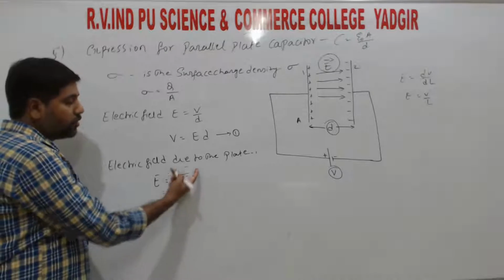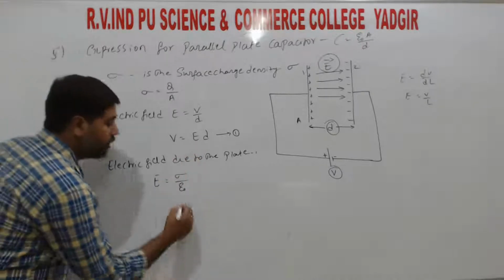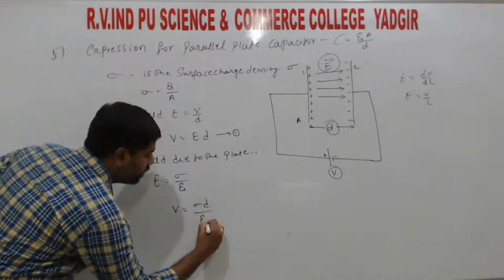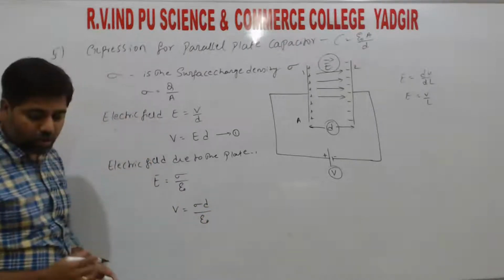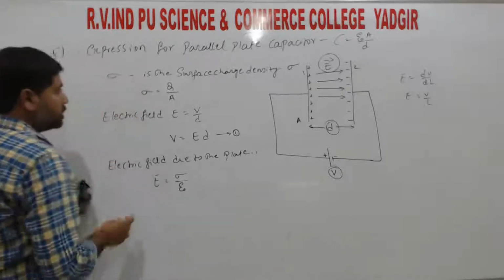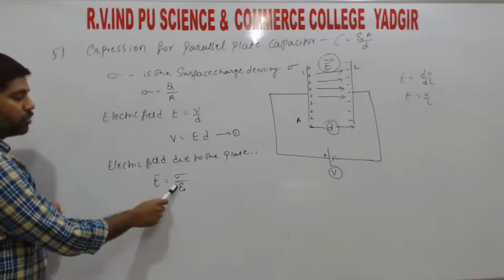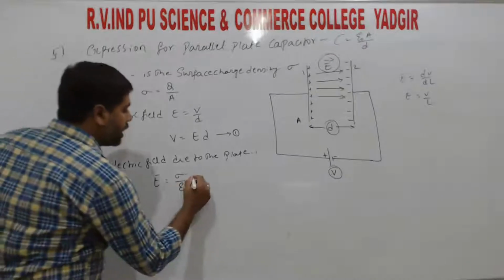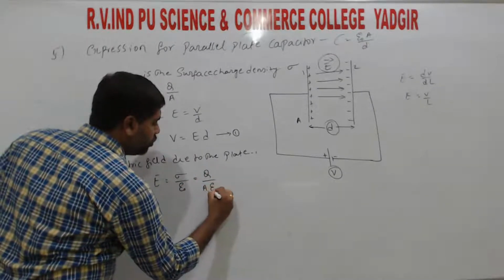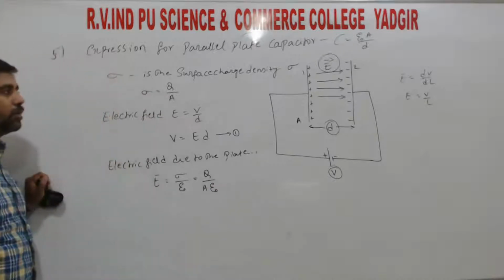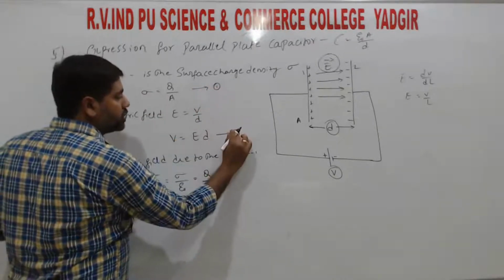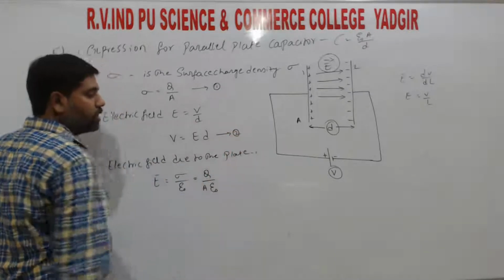Now substitute this value in the first relation, so we get the potential V is equal to sigma d divided by epsilon naught. Or better, here only we can substitute the value of sigma in the electric field E, so that is equal to Q divided by A into epsilon naught.